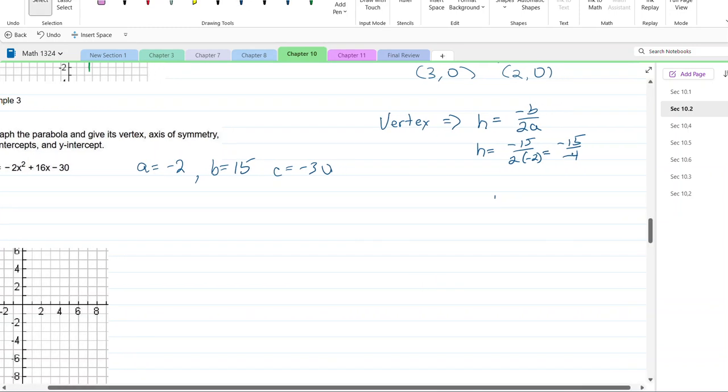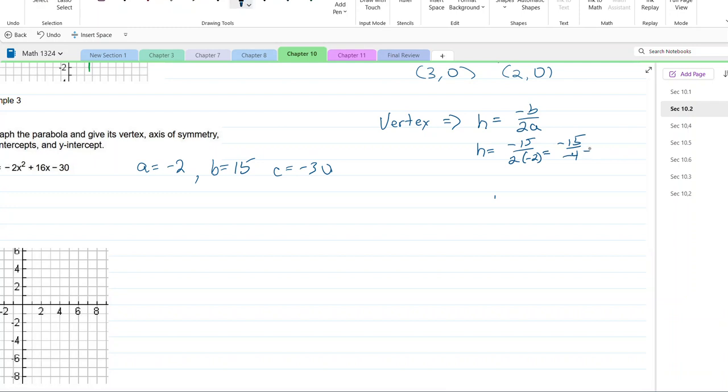And so I'm going to have a positive. It's a decimal, but I'm going to leave it at 15/4. And that's going to give me a mixed number, 3 and 3/4. So it's 3.75.